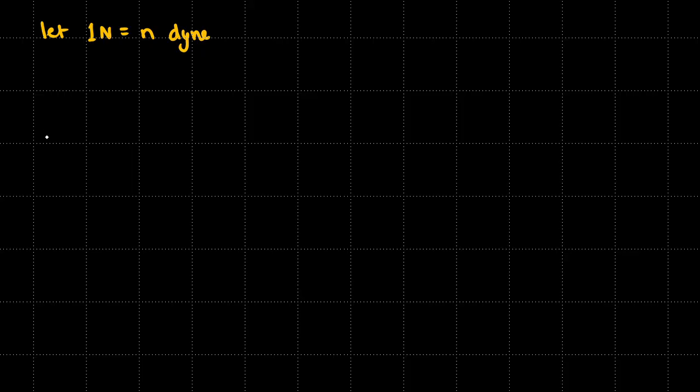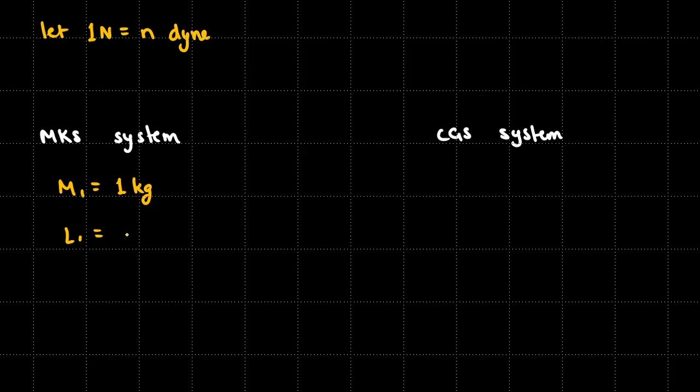So right here we have the MKS system, or SI system, because they are very similar, so any of both are used. They are basically the same. So in MKS system, let's suppose M1 would be in kg, and it would be 1 kg, L1 will be 1 meter, T1 will be 1 second, and N1 will be 1.